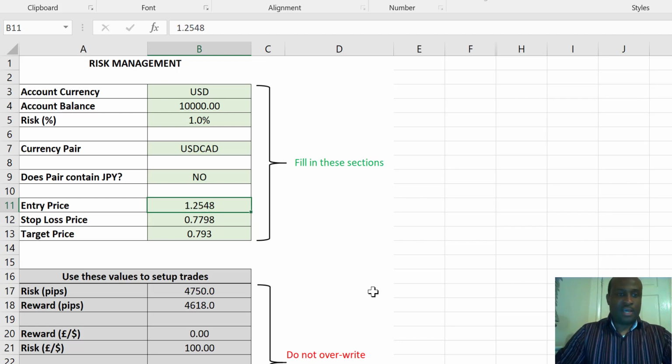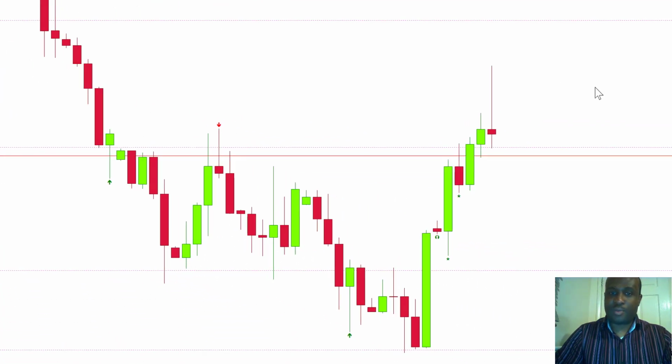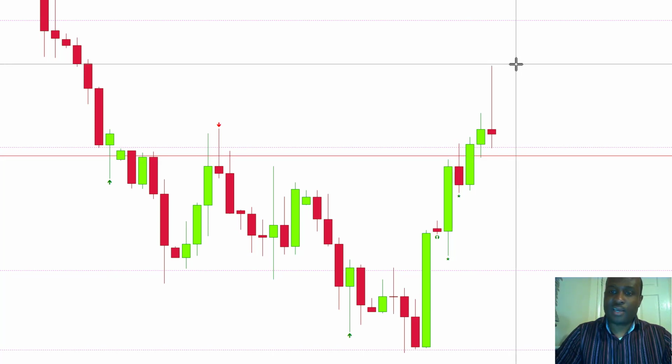Our stop loss in this case, on a sell trade, will be at my best place to put a stop loss. We can see that this level is a strong level. Ideally my stop loss should be above this level, but this is a very wide stop loss, which is okay.